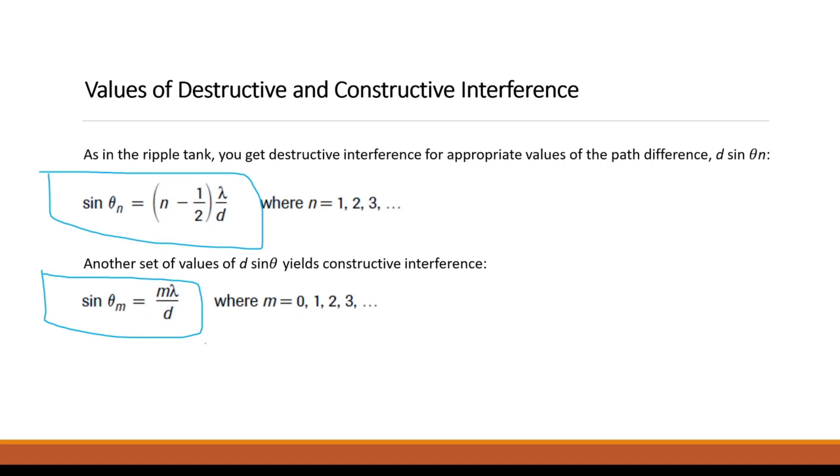So we have multiple theta m's that increment slowly up the stripe. This way, by using both formulas, we can get which angles give constructive interference and which ones produce destructive interference.